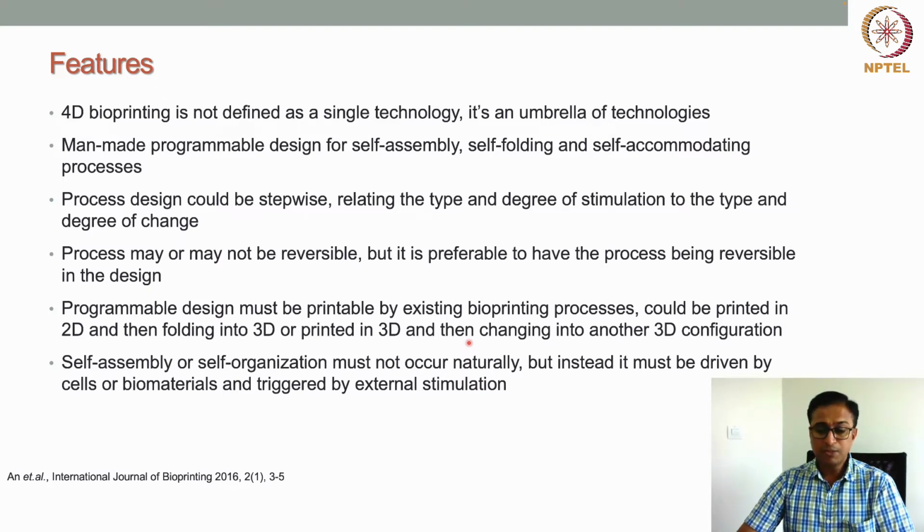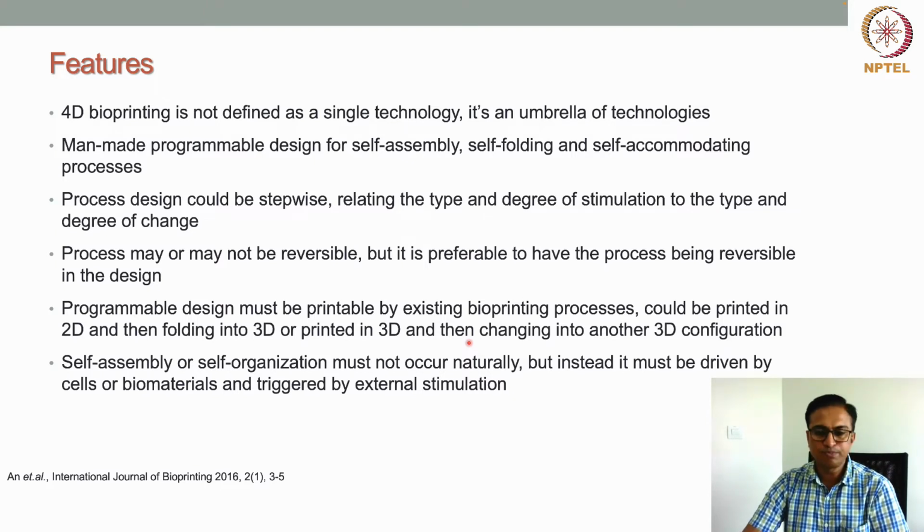Suppose a film-like structure is printed in two dimensions. Then, after printing, a stimulus is given and the structure folds into a tube. During printing it is a planar structure, but after the stimulus is given, that planar structure changes shape into a tube-like structure. That can be a 4D bioprinting process.